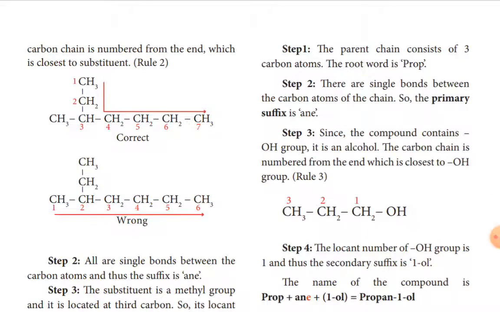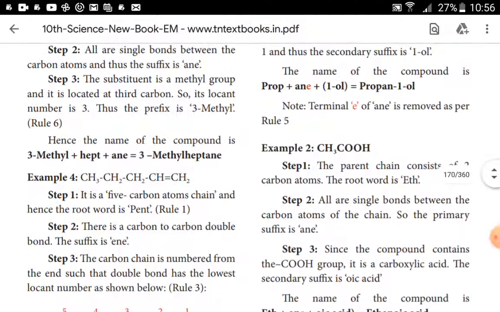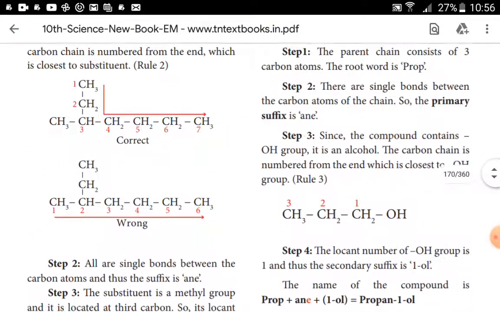for an organic compound. There are different examples also to write the IUPAC name for organic compounds. Next class you will see how to write IUPAC names for other compounds having functional groups like alcohol, ketone, aldehyde, and so on. So you have to practice whatever you learn.